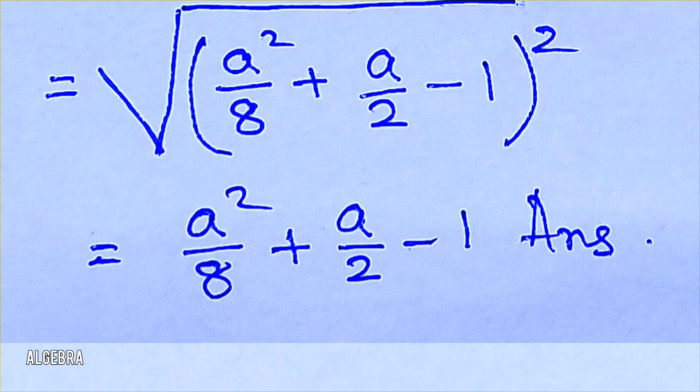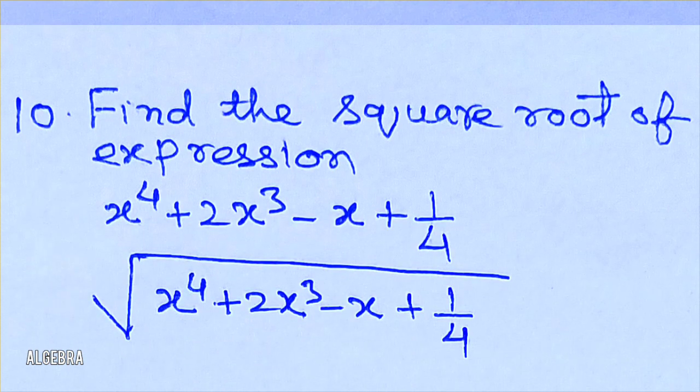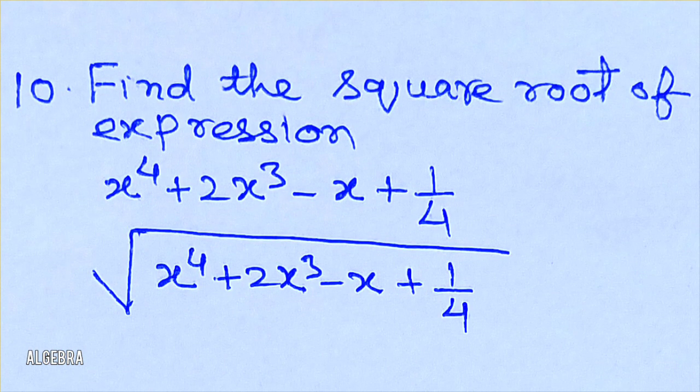Answer. 10. Find the square root of the expression x^4 + 2x^3 - x + 1/4.